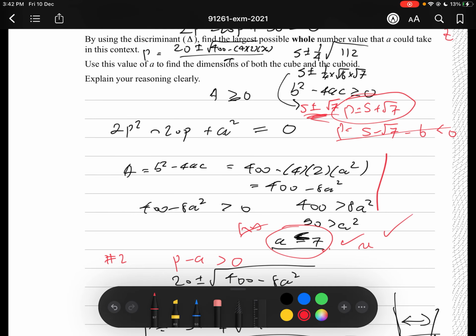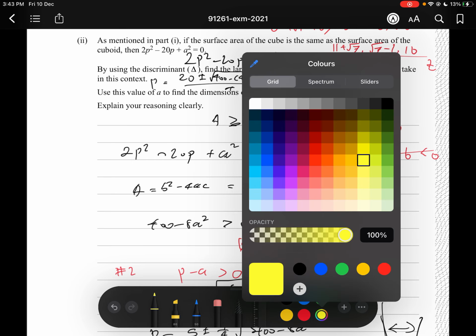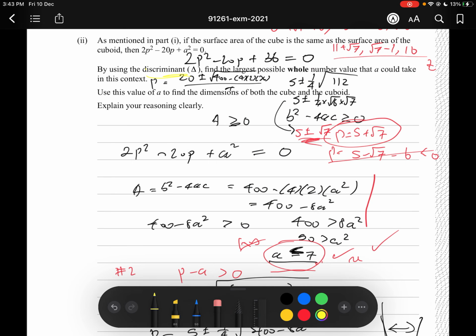So a lot of people only used a is less than or equal to 7, which is a very easy mistake to make, especially since the question only says to use the discriminant. I don't really like that wording, since using the discriminant refers to only using b squared minus 4ac, but the only thing you can obtain from b squared minus 4ac is that a is less than or equal to 7. That's the only thing you can obtain.